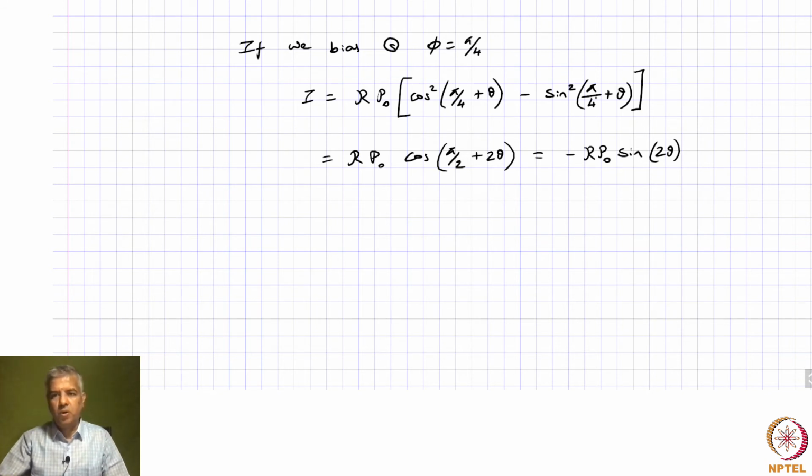So for small changes in theta, sine of 2 theta can be written as 2 theta itself. So this can be approximated as minus r times p naught times 2 theta, for small values of theta.